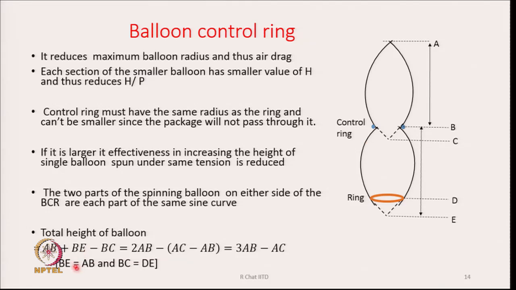So, BE can be replaced by AB. So, AB plus AB becomes 2 AB, and BC is AC minus AB. You see, BC is what? A to C minus A to B. So, it becomes finally 3 AB minus AC. That is going to be the total height of the balloon.